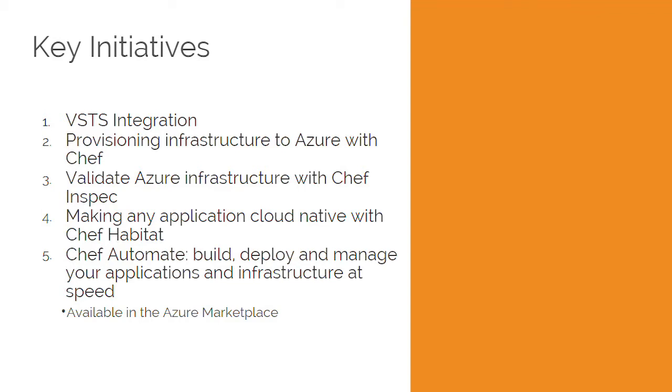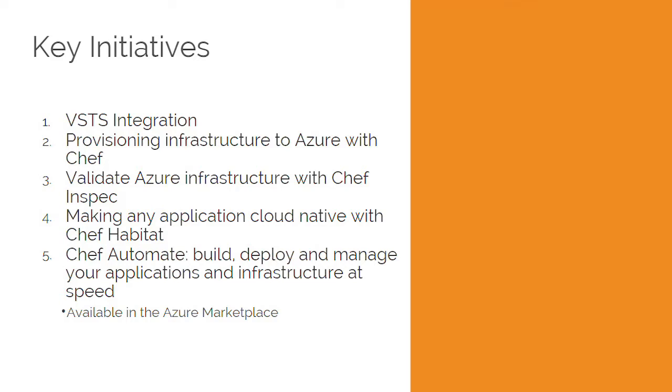In just a few minutes, Russell will talk about integrating Visual Studio Team Services with Chef, and he'll give a demo of how those two products work together. Additionally, today, you can configure infrastructure in Azure using Chef Server and Chef Virtual Machine extensions. You can also validate or audit for compliance Azure infrastructure using Chef InSpec.